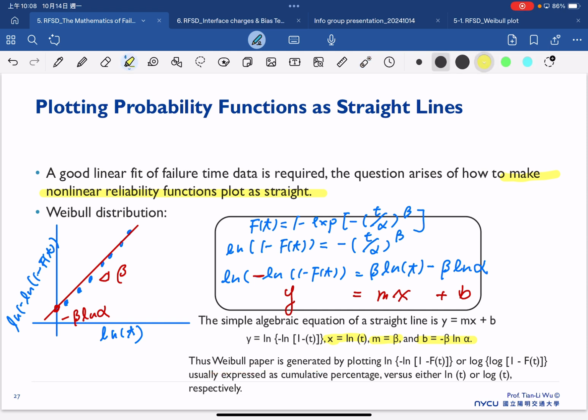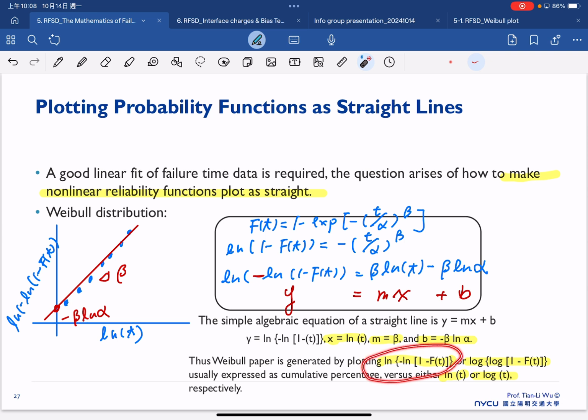So as long as we plot this versus natural log t, or log t, we can have the straight line that allows us to extrapolate the beta and alpha here.